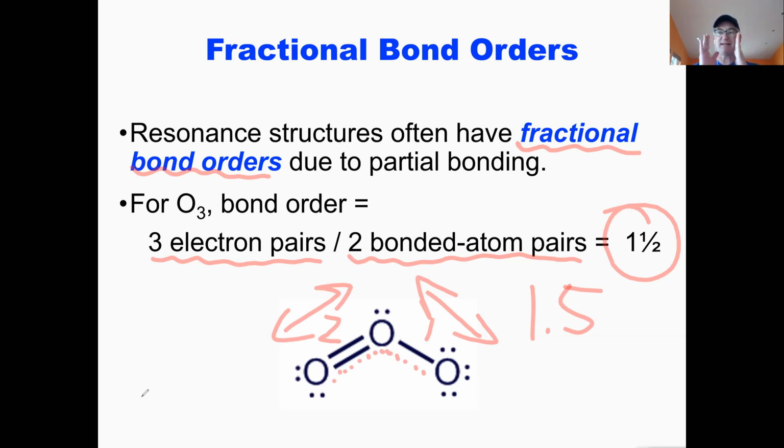It's slightly shorter than a single bond, but it's slightly longer than what a double bond would be. It's in between. And the distribution of electrons in between those oxygens is more than a single bond, but less than a double bond. So really, it acts like a bond and a half.